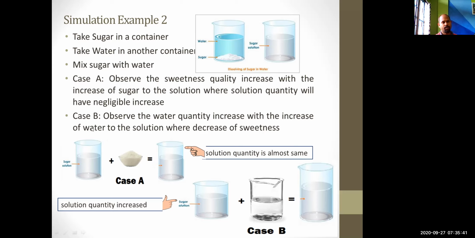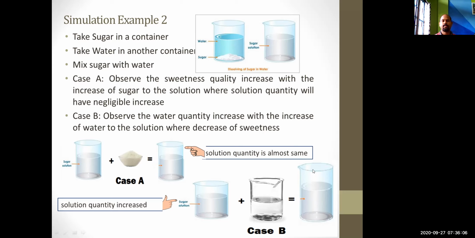Case number two, observe the increase of water in the solution. When you are adding more water into the solution, definitely the water level will be increased, but sweetness will be decreased. So that is a simple simulation example.